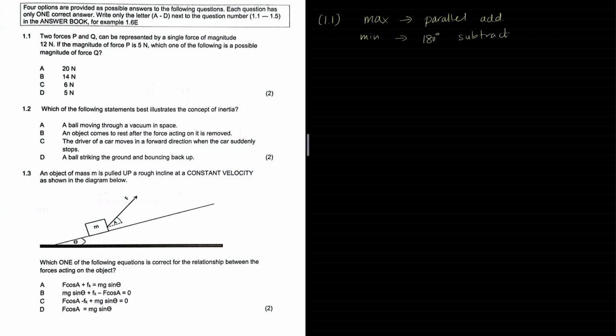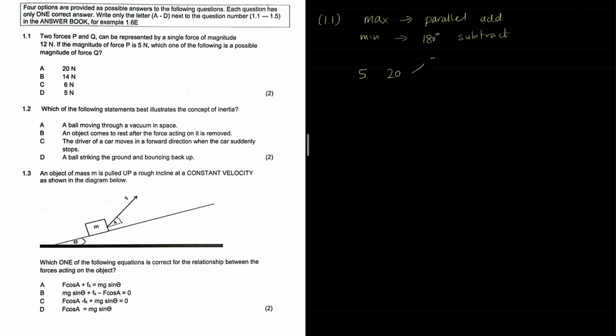So to answer this question, it's merely a process of comparing the 5 newtons with the option and then seeing if 12 lies in that range. For instance, if we compare A, so we want to do 5 and the option A is 20 newtons.